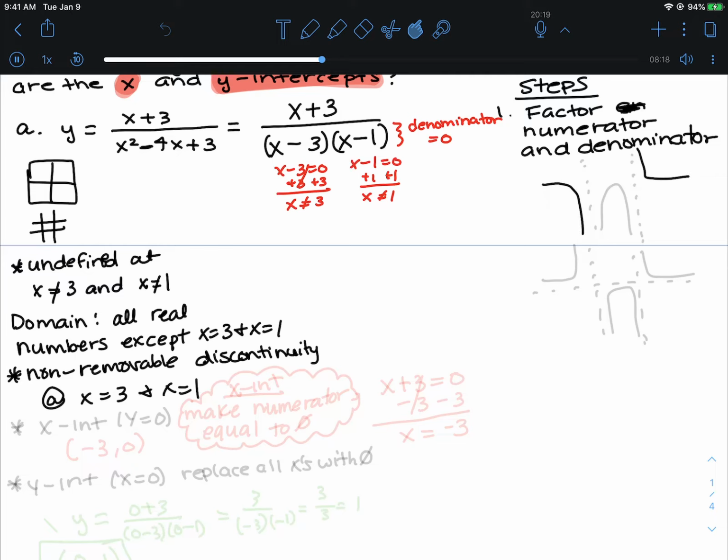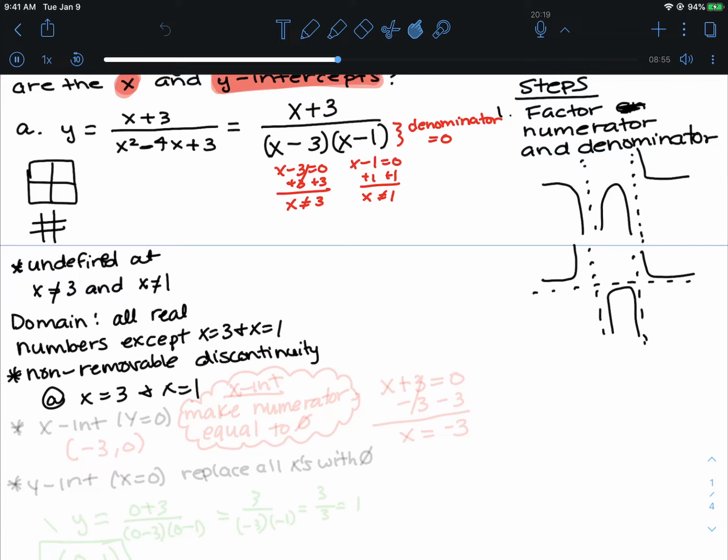Or you can have something that goes like this and like this with an asymptote going downwards. So this is where you could have two non-removable discontinuities because you have two asymptotes going through here. So this is what's happening right here. It's a non-removable discontinuity because I have two factors in my denominator, meaning that I have two asymptotes. And it's also a fraction.